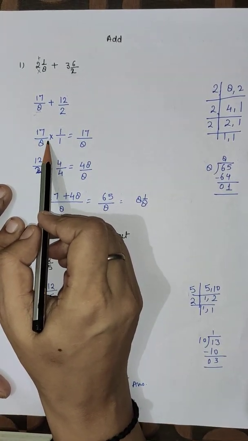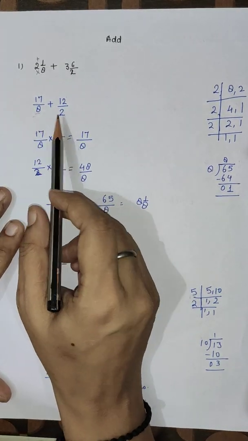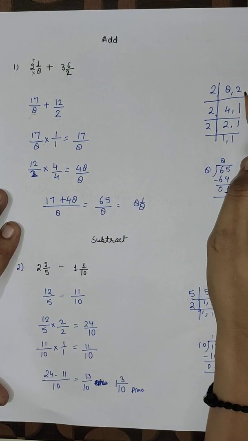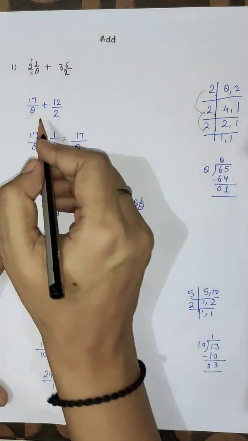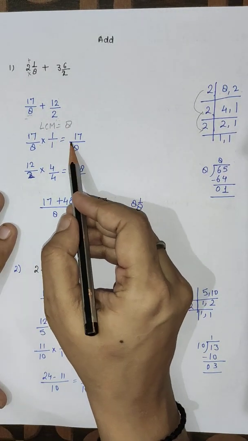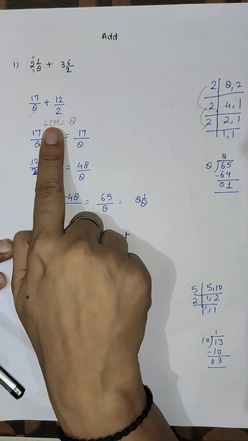Now first of all we have to take the LCM of the denominators. Then for 8 and 2, what will the LCM be? 2 2s are 4, 4 2s are 8. The LCM is 8.